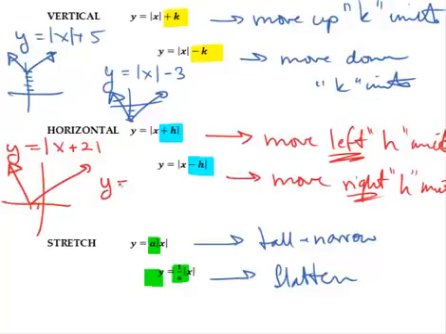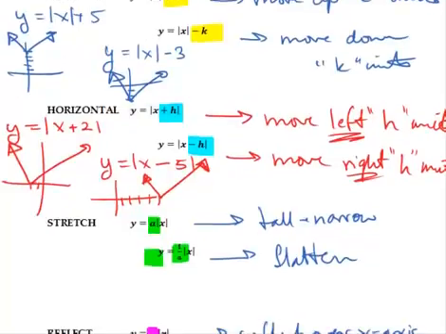Or if I have y equals absolute value of x minus 5, 1, 2, 3, 4, 5 units to the right, and then we draw in the absolute value. Again, didn't have to use a table, just using our patterns that we're recognizing. And we know the shape. The shape is the V shape.